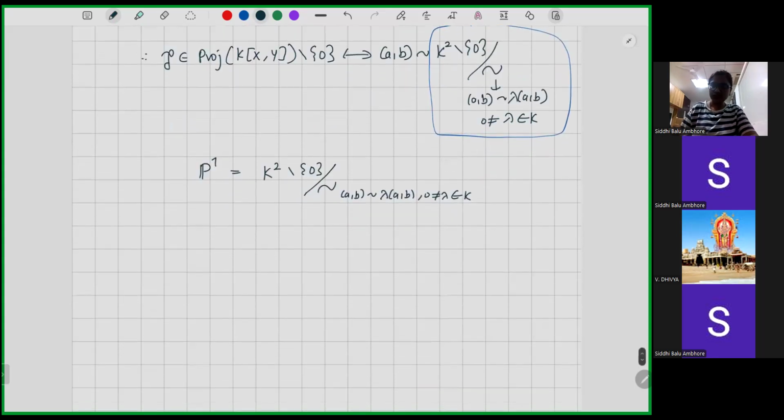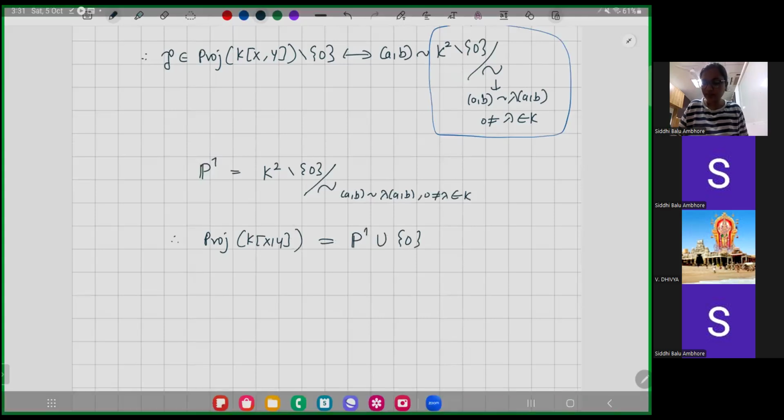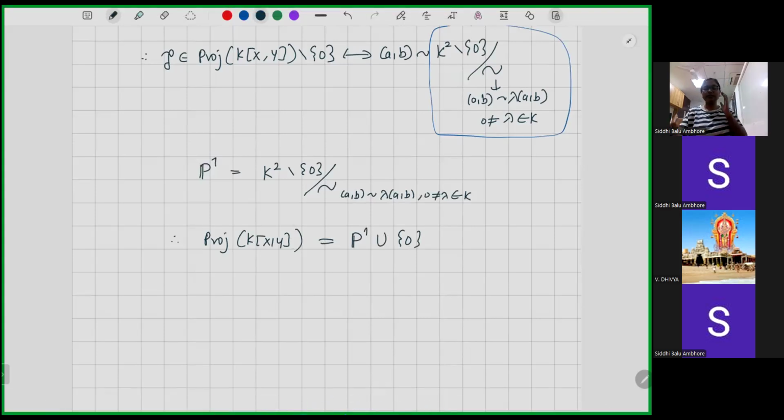So if I want the information of Proj k[x,y], it is this P1 union my zero ideal. When I write P1, it means these are all the prime ideals here.